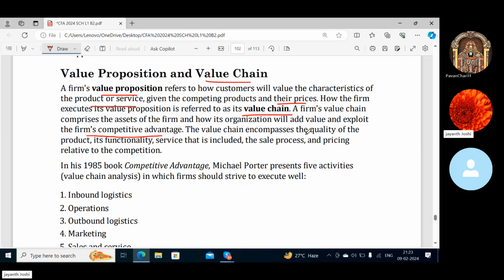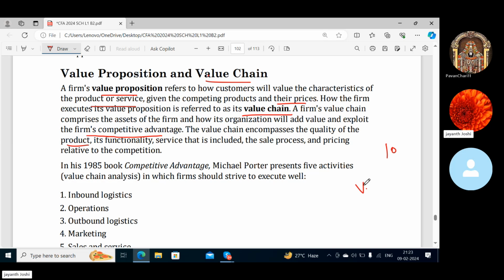So the value chain encompasses the quality of the product. Like, if there are 10 competitors, take how Maruti Suzuki is selling its product. They say they're creating value for you by a lot of savings. How? They are the most fuel efficient. Their life cycle cost, if you calculate it compared to other car makers, is the least, because they sell the car at the cheapest price.